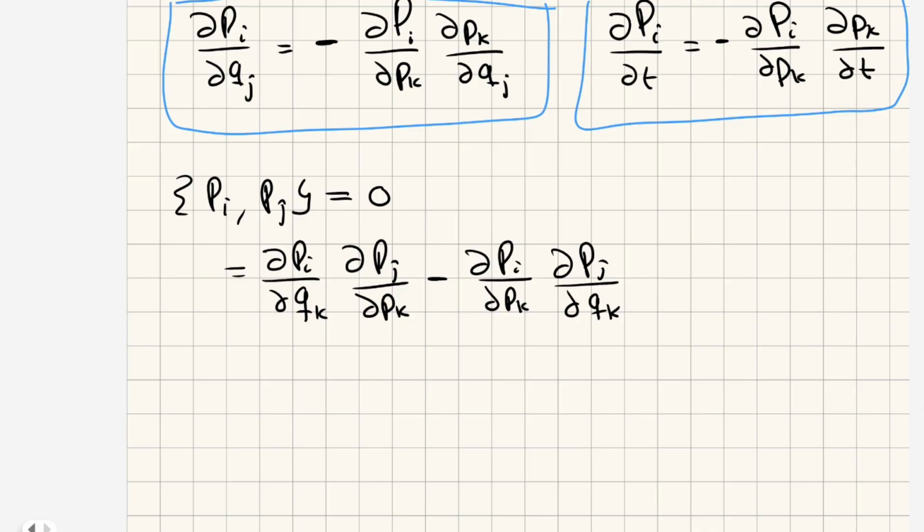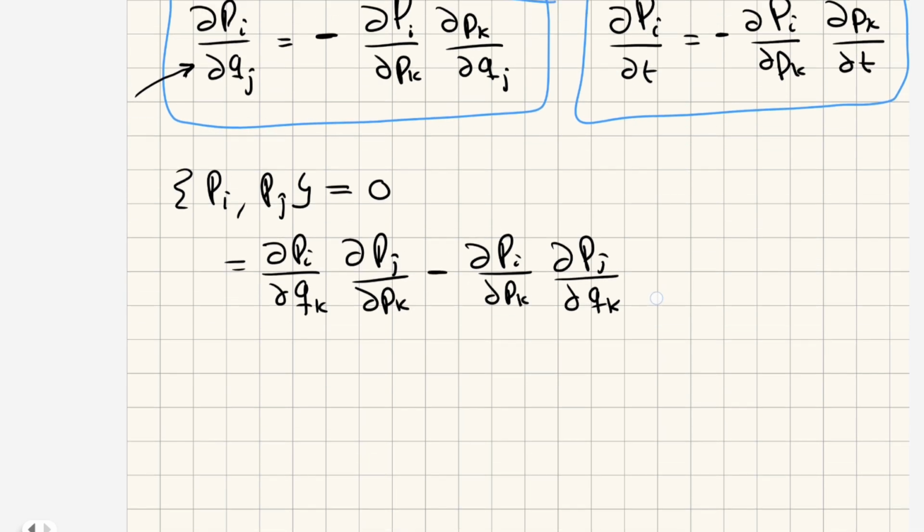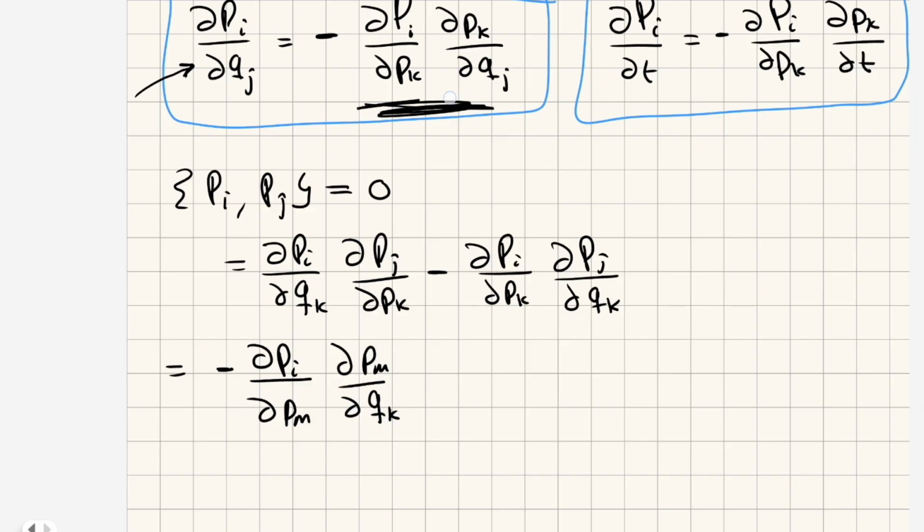Okay, but recall that we have just found what is actually the derivative of capital P with respect to Q, right? So we can use this formula in this equation that we found to get another result. So this is going to be minus the derivative of Pi with respect to little pm, the derivative of little pm with respect to qk, right? I'm using this formula that I have here, just with different indices, and times the derivative of Pj with respect to pk.